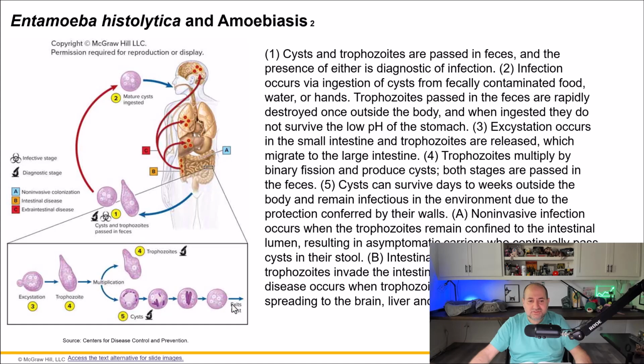And the cysts that leave the body in the feces can survive for days to weeks outside the body and remain infectious in the environment due to that protective cell wall.